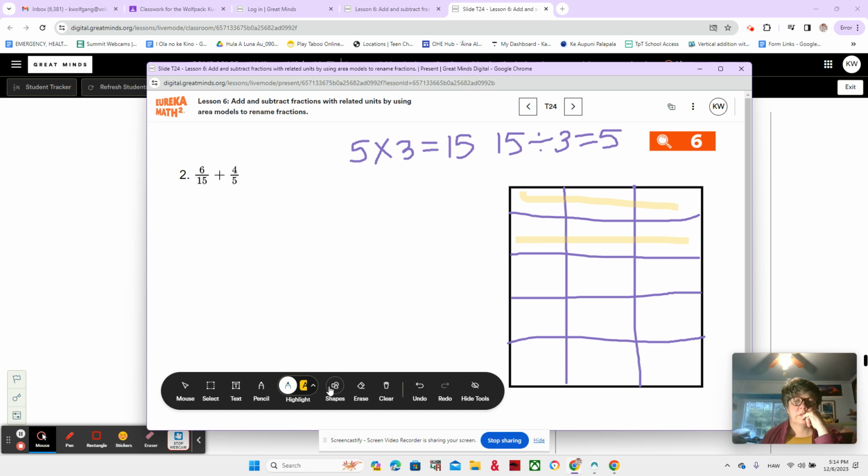We could also go this way. I guess the first way actually is a little bit better, right?